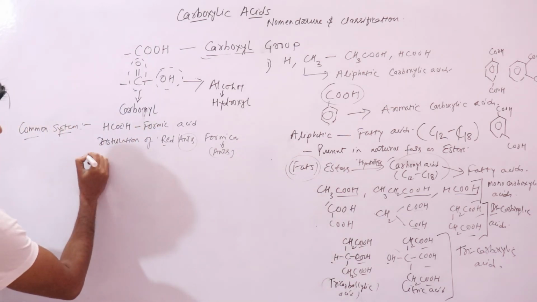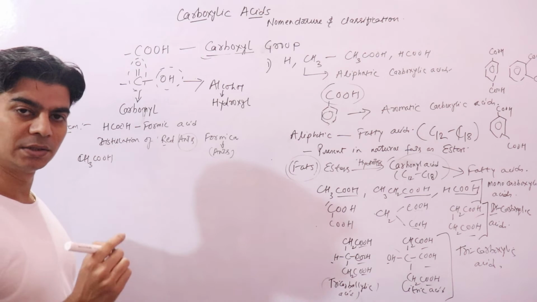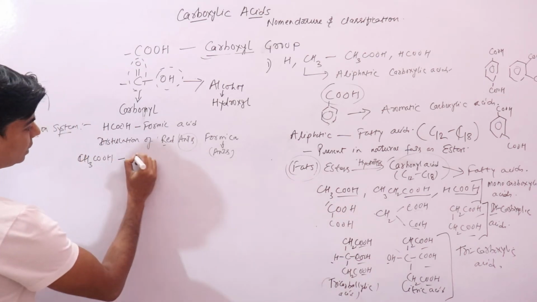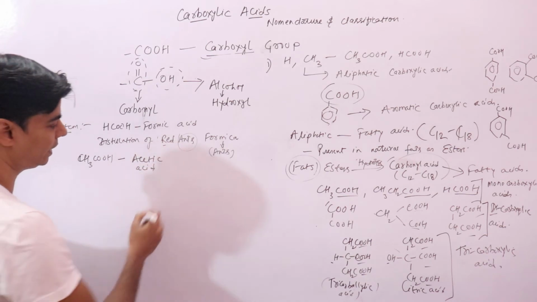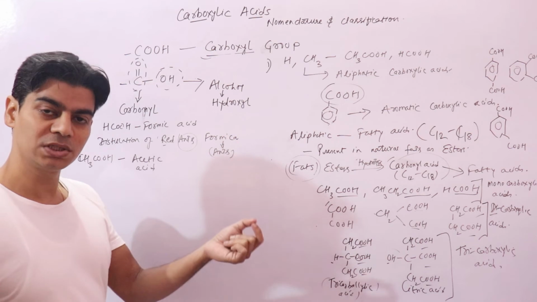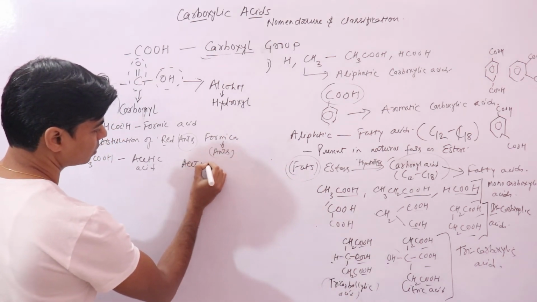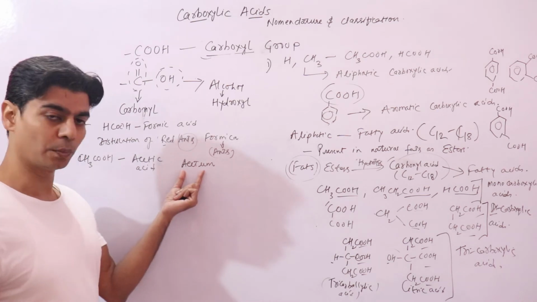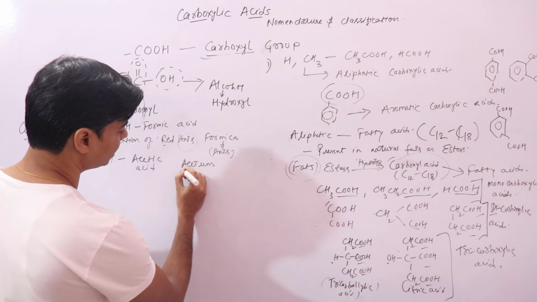Similarly, CH3COOH, most of us know about this acid. This is named acetic acid. So from where did this word acetic come? This acetic acid was originally obtained from acetum, so it is named acetic acid, and acetum is vinegar.